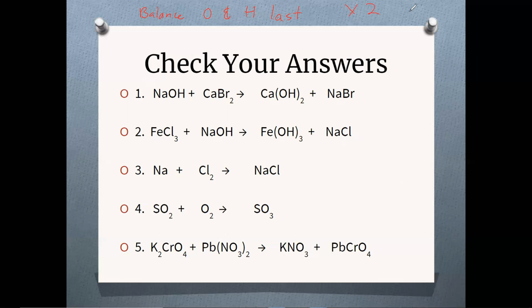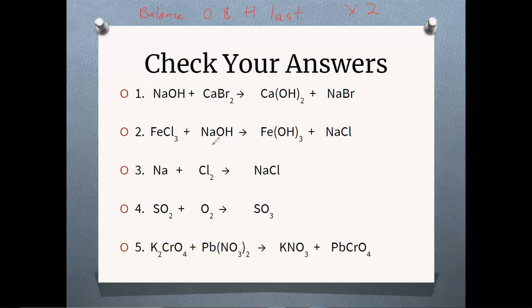Honestly, you guys, I don't know how many times I have been so frustrated trying to balance something and then I multiplied everything by 2 and it suddenly worked out. It just does sometimes. A lot of times when you see that, that'll be a combustion reaction, and I'll tell you a little bit more about those when we get to them. But those 2 tricks have made my life a lot easier when trying to balance equations.